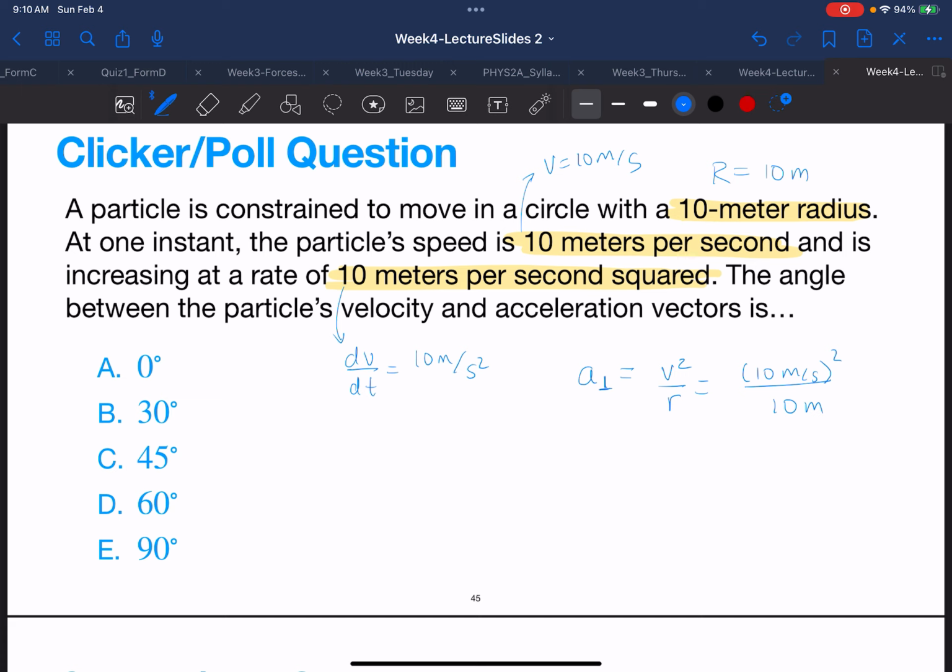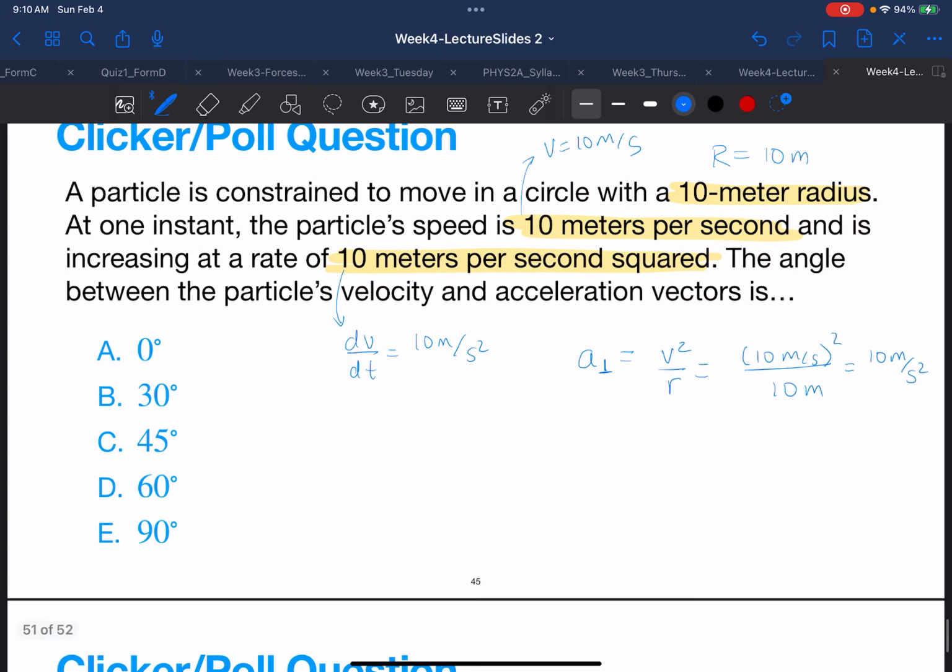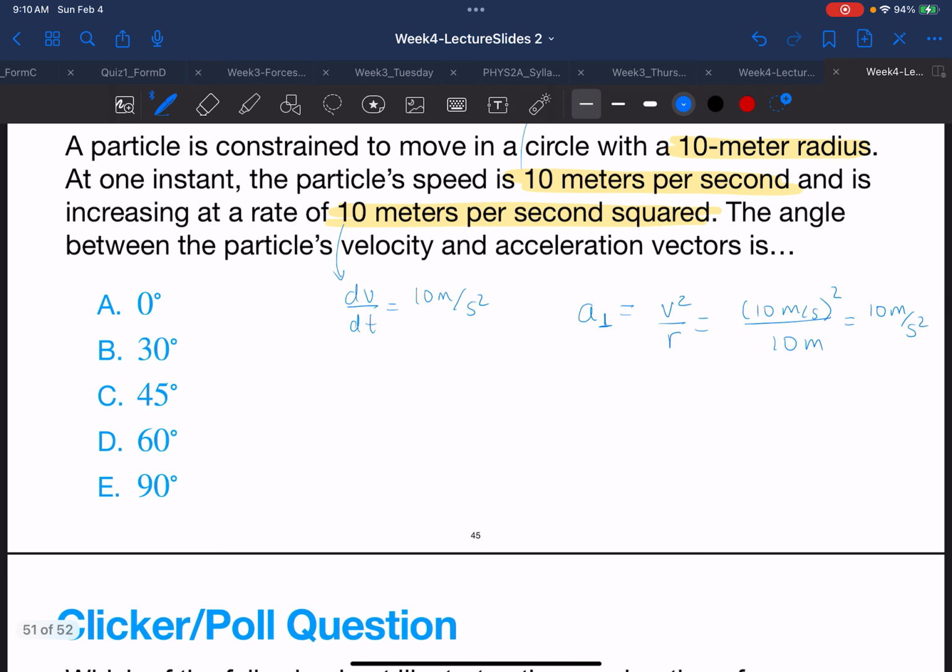Simplifying, the radial acceleration is 10 meters per second squared. And then the tangential acceleration, or the acceleration parallel to the direction of motion, is just dv/dt, which we were given to be 10 meters per second squared.